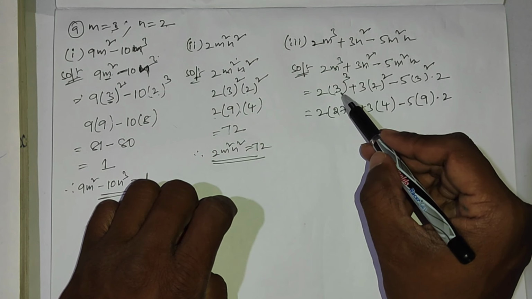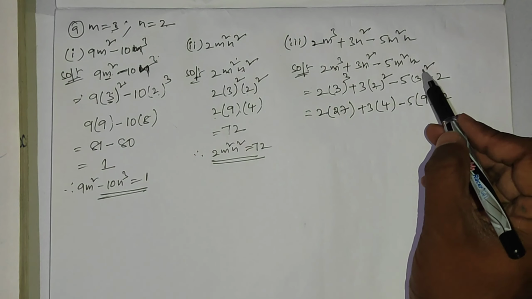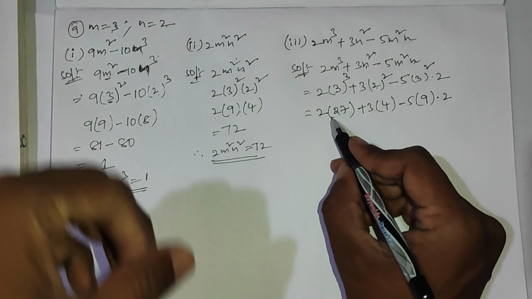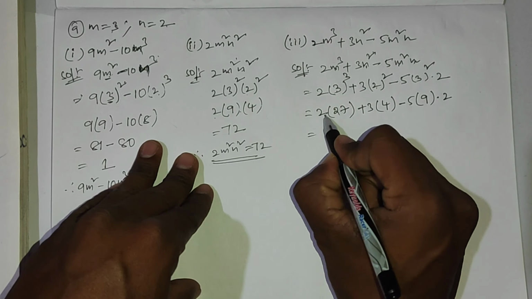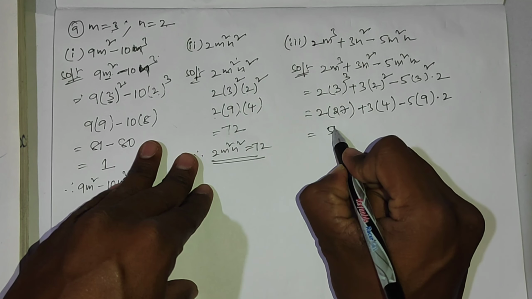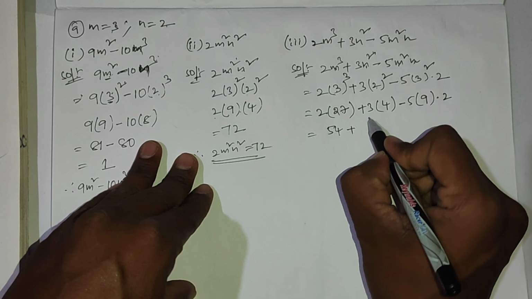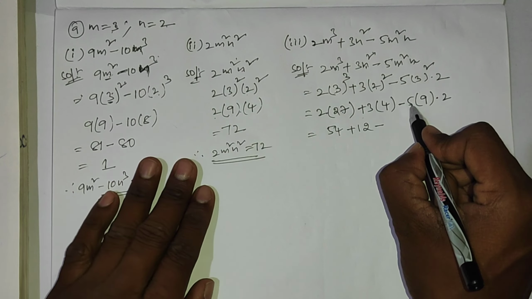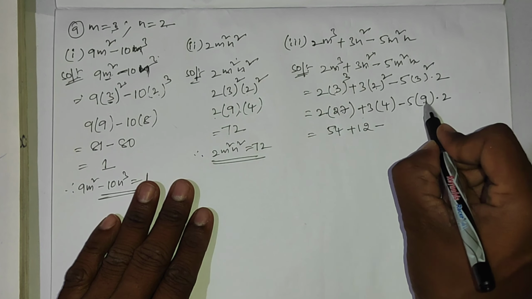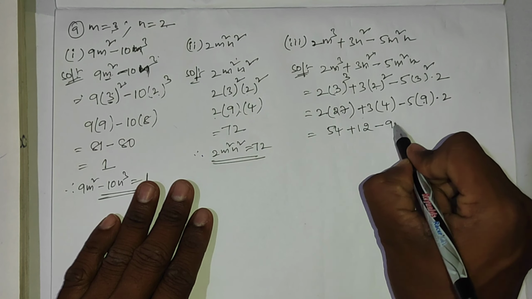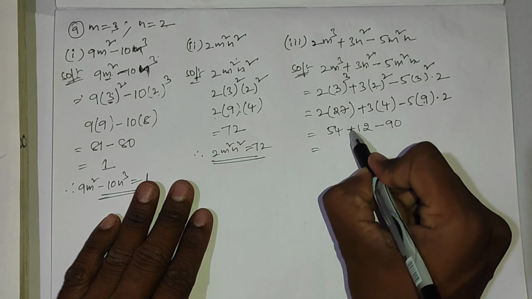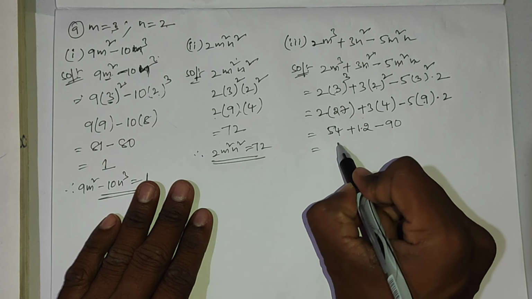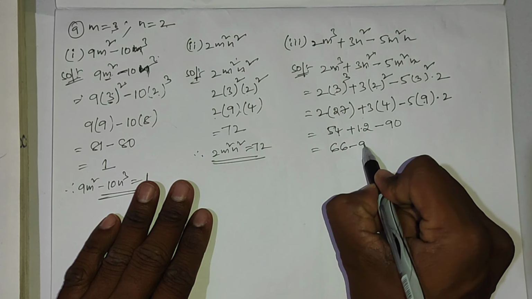Right? So we just expanded the square terms here. Now we have to do multiplication here. Every term we will now multiply. Now 27 2s are 54, plus 3 4s are 12, minus 5 9s are 45. Right? 45 2s are 90. Now I am adding 54 plus 12, which is 66, and minus 90.